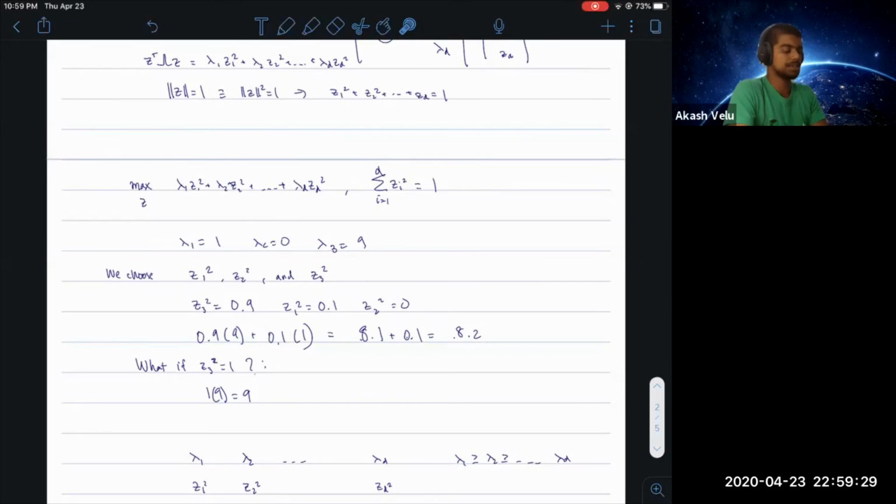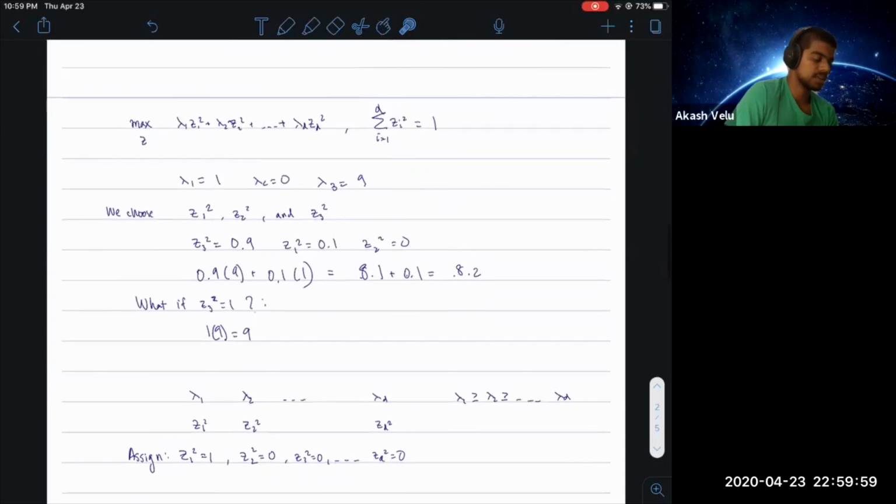And the interpretation that I thought about was, let's think of the lambdas as items with certain value, and the z's that we choose are how much of each item we buy, or how much weight we give to each item. So we want to maximize the total value at the end. So the intuition is that we should give more weight to the most valuable items or eigenvalues, and less weight to the less valuable ones, or the smaller ones.